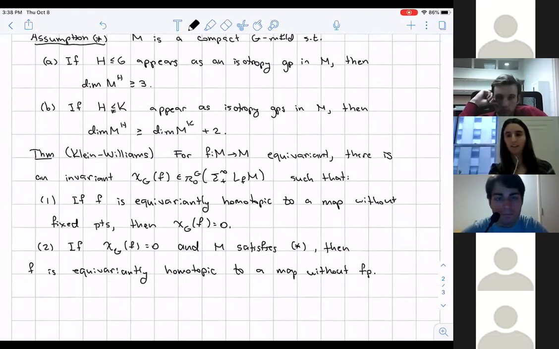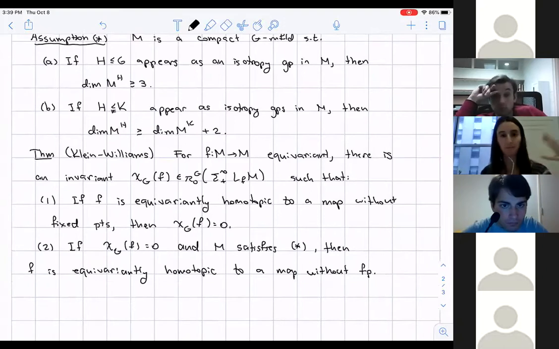All right, so that's the equivariant theorem, and indeed, after some mild conditions, you know that this invariant is a complete invariant for telling you when you can remove the fixed points from the map.